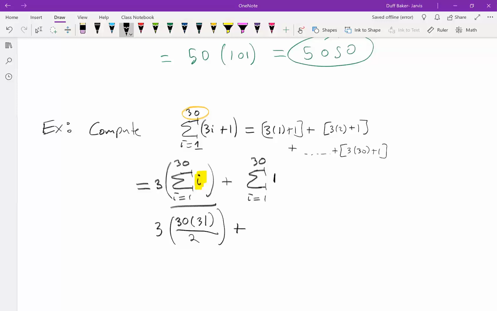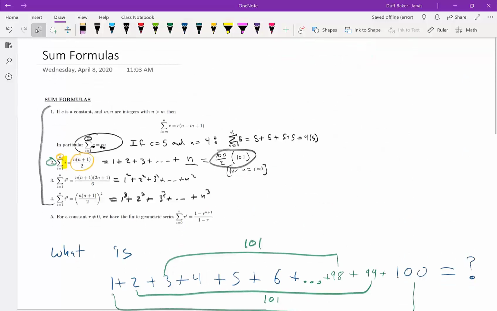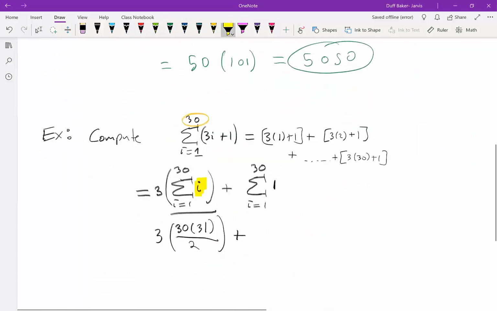Okay, and then the second one. Remember, this one would just be like if I add up 1 thirty times. So that was an example of this one up here. And so it's just 1 times the number of times you've added it up. So this will be 1 times 30.